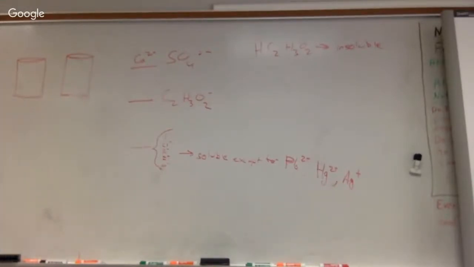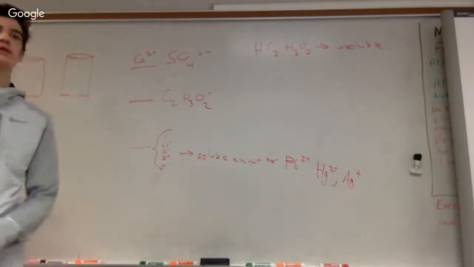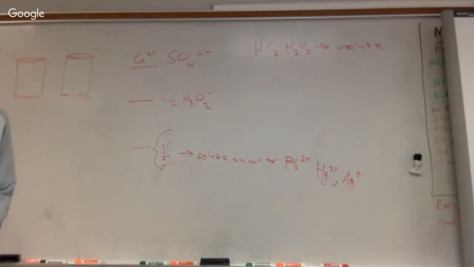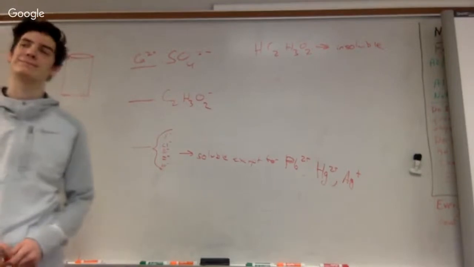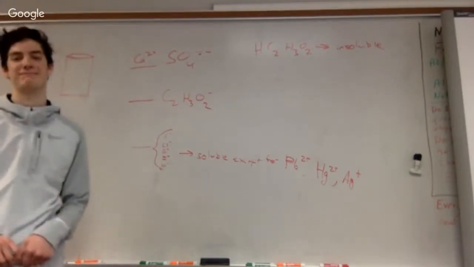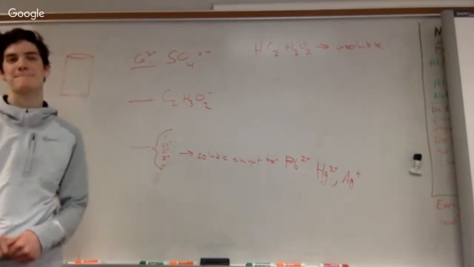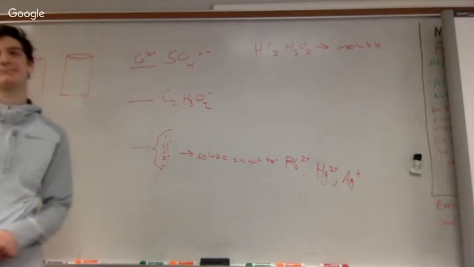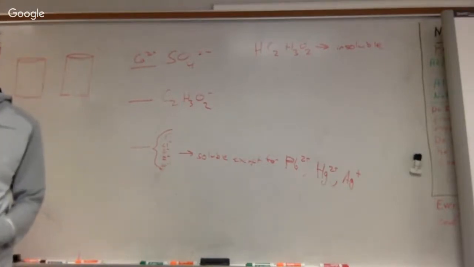Now, I will share with you the acronym that a young lady came up with. I always feel bashful doing it. I didn't know how to attach them together, and she said, oh, PMS. I'm like, PMS? Well, if you look at it, the P is for Pb, M for mercury, S for silver. So anything of the halogens is always soluble except for PMS.